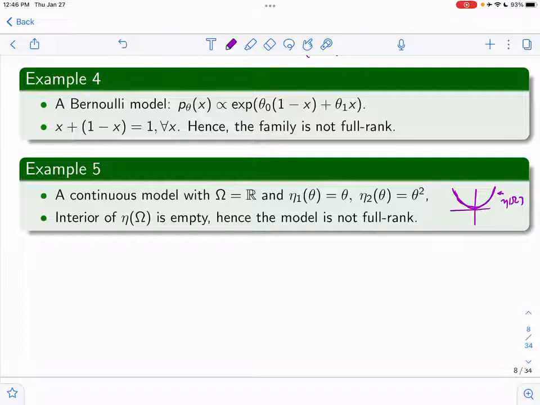These things are sometimes called curved exponential families. There's a bit of discussion of that in your book, but we are going to mainly focus on things that are not curved exponential families. Okay. Questions, comments?